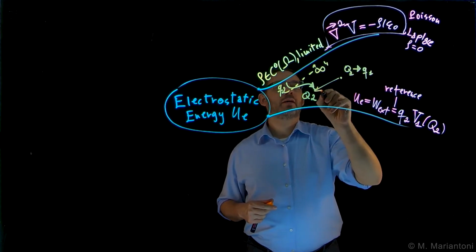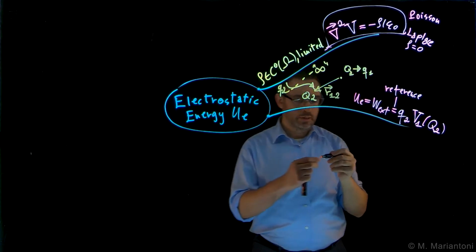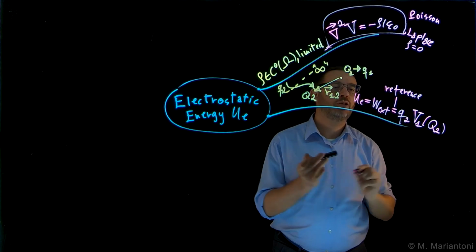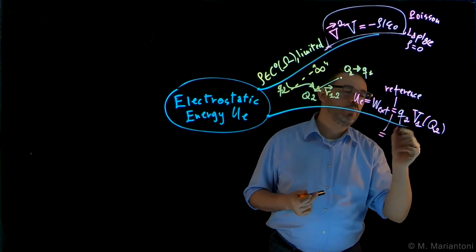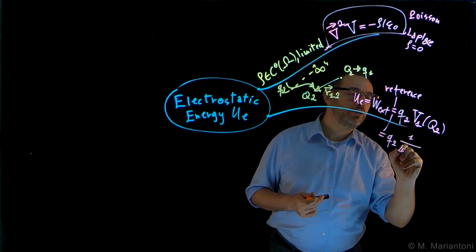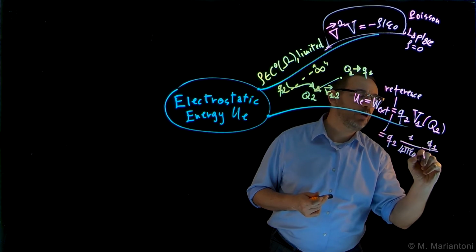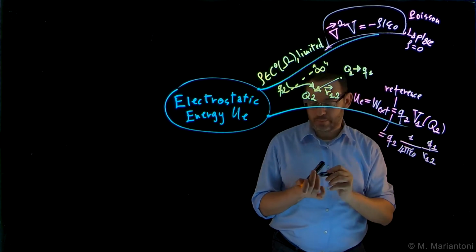This is the distance R12 between 1 and 2, okay? This is the electrostatic energy, which written using Coulomb's law gives us Q2 times 1 over 4 pi epsilon naught Q1 divided by R12. Okay, great.